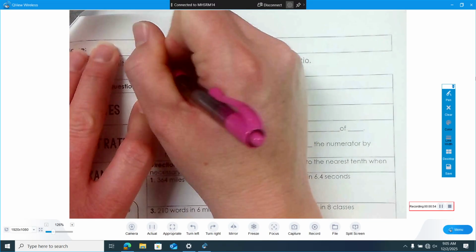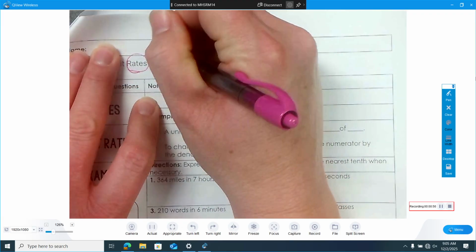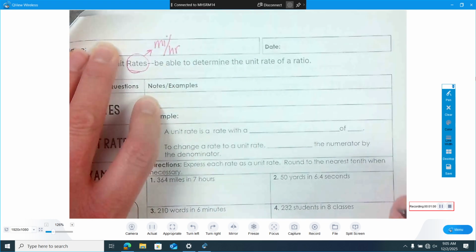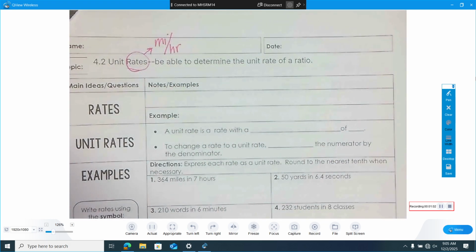So, for instance, in your cars, miles per hour would be a rate. And so typically when we think about rates, we're thinking about speeds, like how fast someone is typing, words per minute, okay?